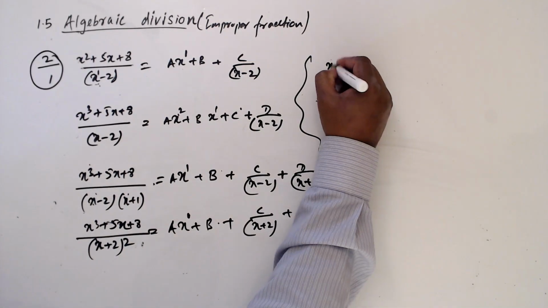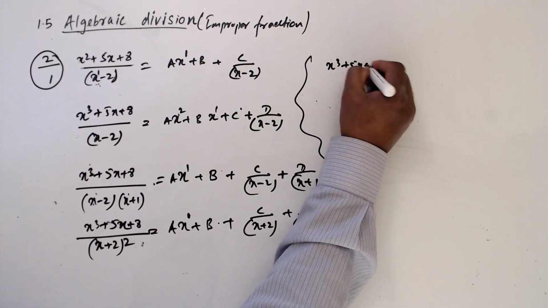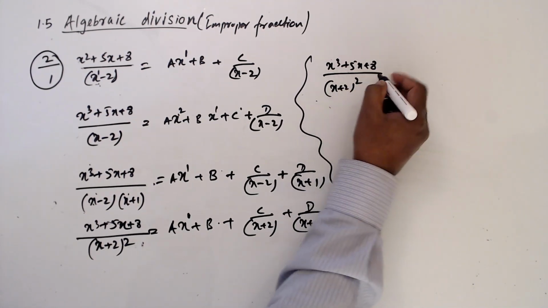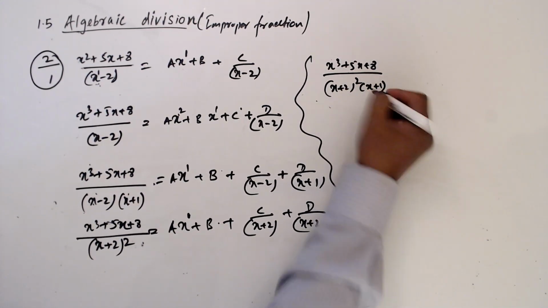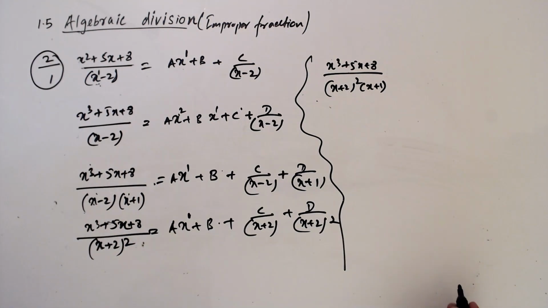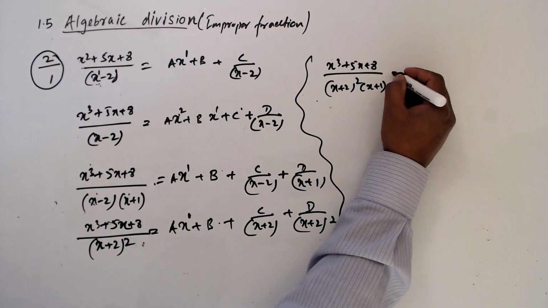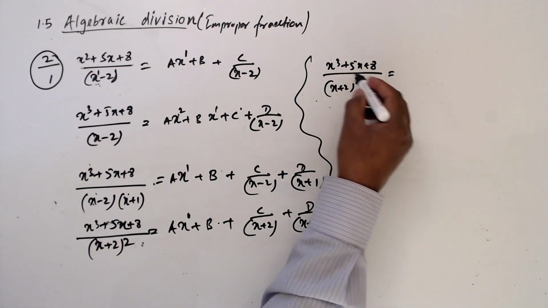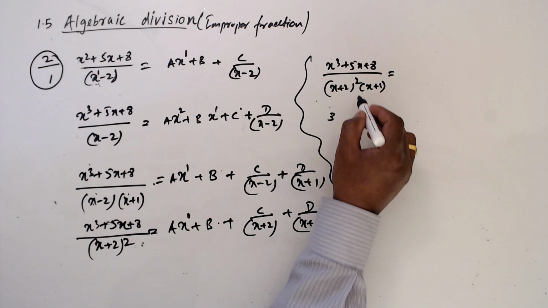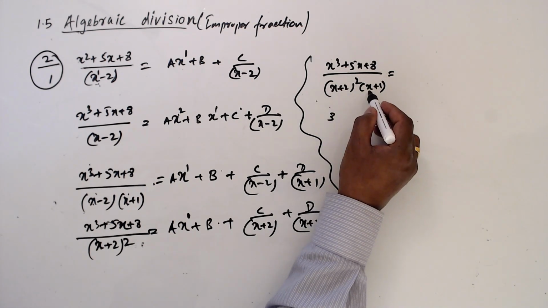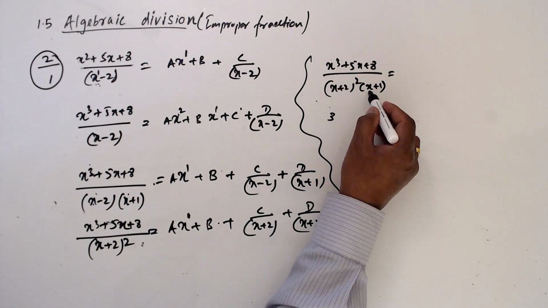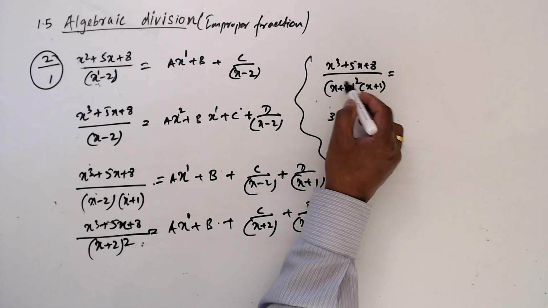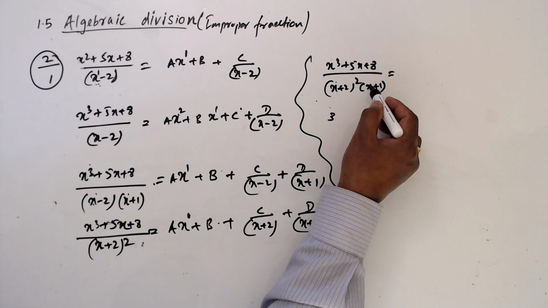Another example, same numerator, x cubed plus 5x plus 8. I will write the denominator as x plus 2 square times x plus 1. So how do you write it as a partial fraction straight? Now you can look at this: the numerator degree is 3, and the highest denominator degree is going to be 3 again. This will make the x square term times x, x cube.